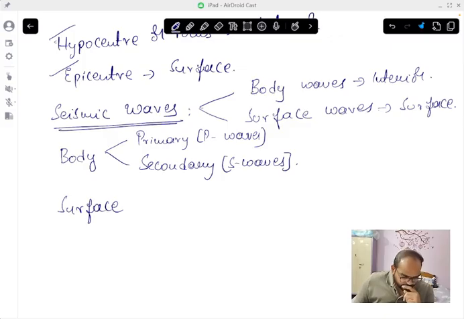If the material moves in an elliptical way, it is called Rayleigh waves.